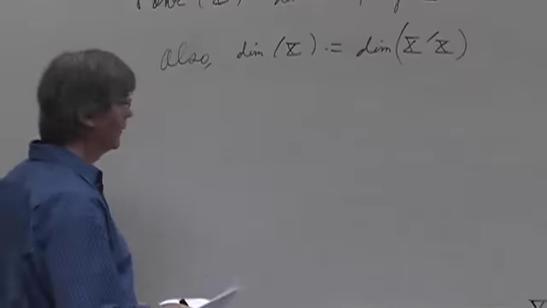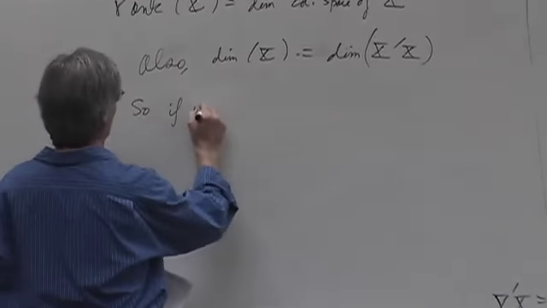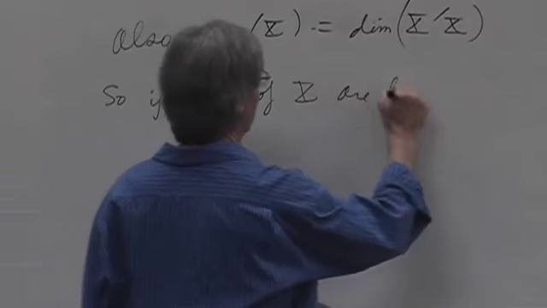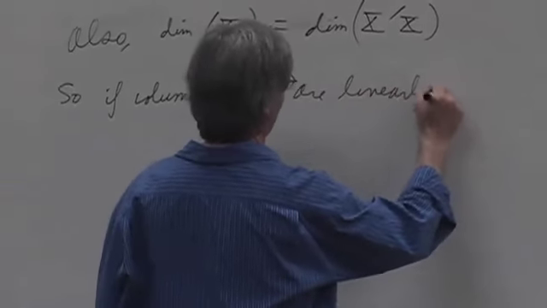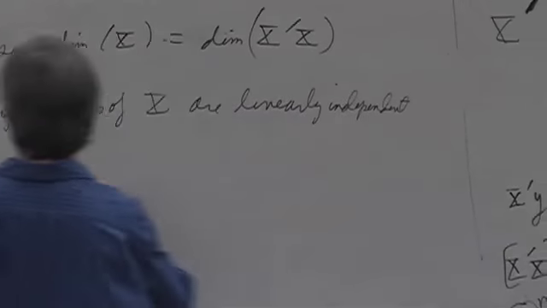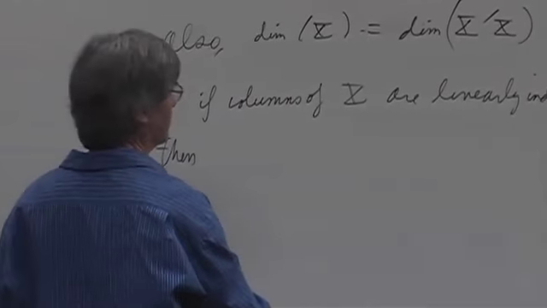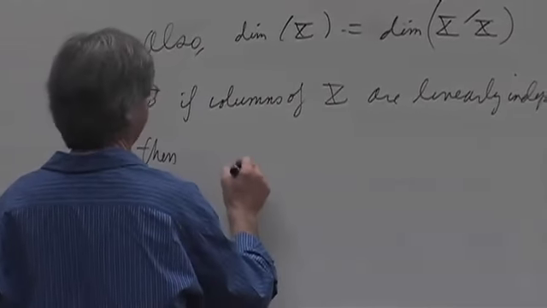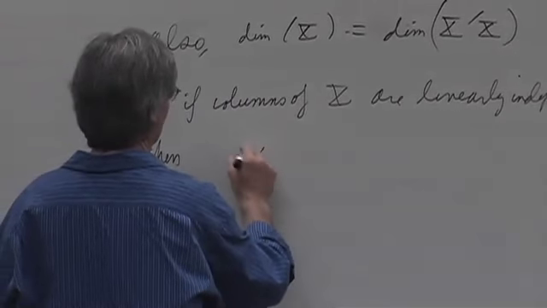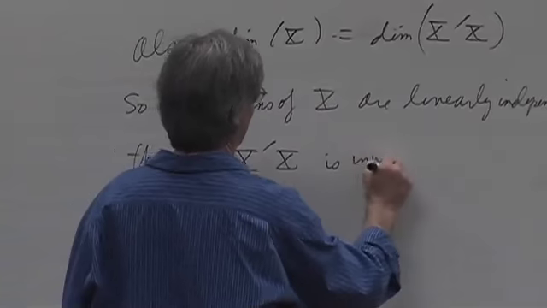So if the columns of X are linearly independent, then X prime X is invertible.